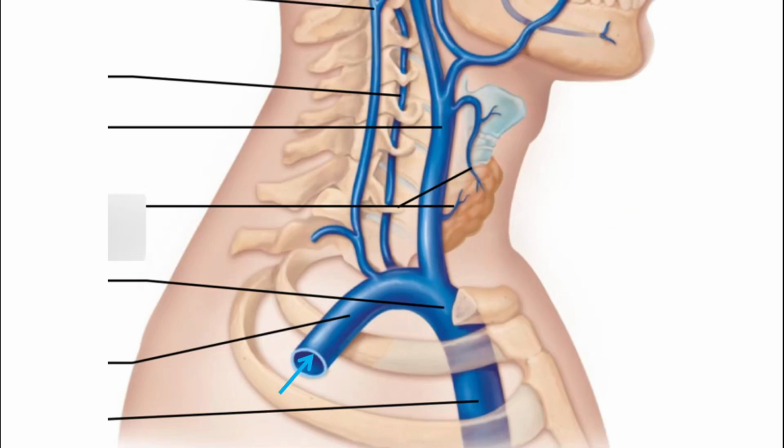Coming down to the lower part of the neck and upper part of the thorax, we know that this is the internal jugular vein, which is concerned with draining the structures inside the skull. And we have the external jugular vein.